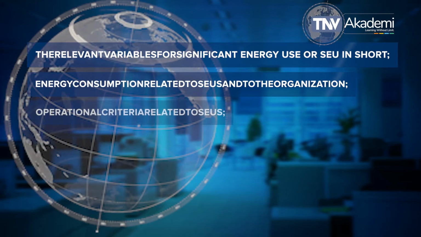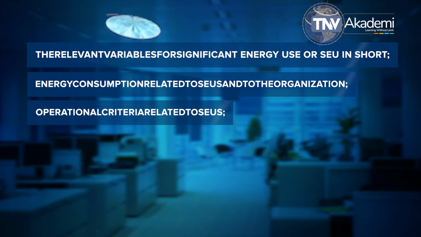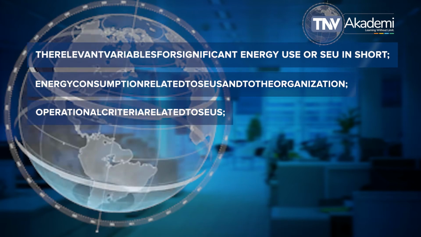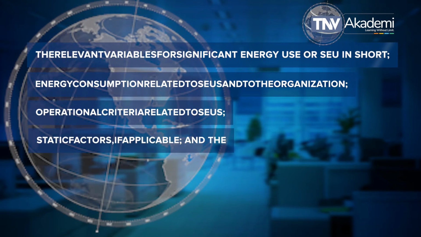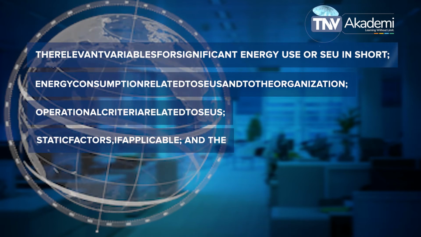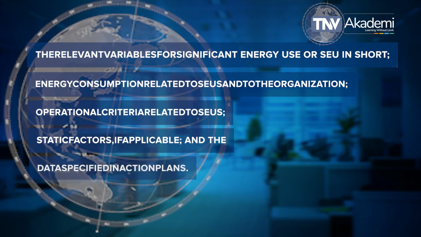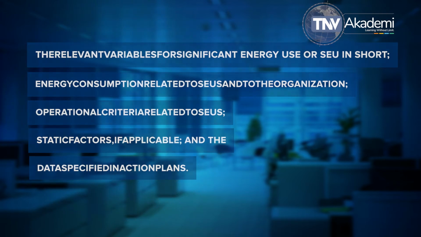Third, operational criteria related to SEUs. Fourth, static factors, if applicable. And fifth, the data specified in action plans. As per subclause 6.6, the energy data collection plan must be reviewed at defined intervals and updated as appropriate.